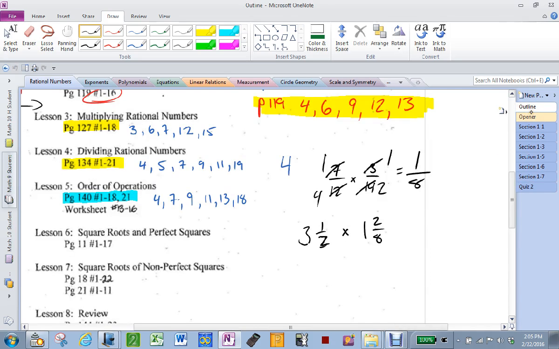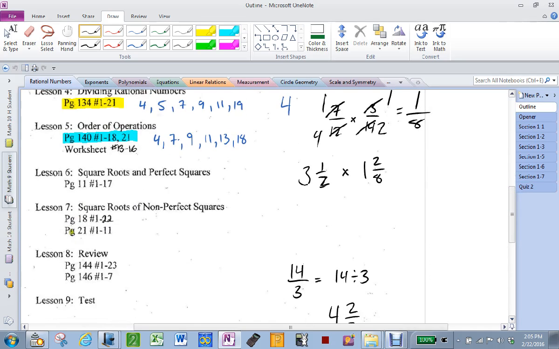Everybody else, you are working on page 18 and 21. Now, guys, again, I stress to you, this is very important. You saw how quickly the work on page 11 could go, right? There's not a lot of work here, is there?